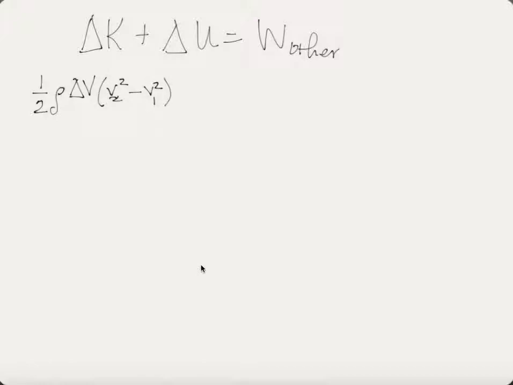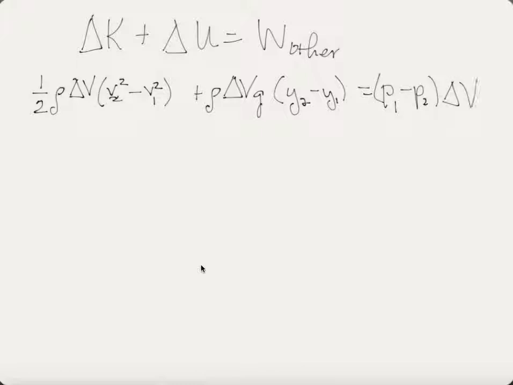Then we're going to have our potential energy, which is rho times delta V times G times Y2 minus Y1. And this is going to equal the pressures, P1 minus P2 times delta V. Now what do we have here?